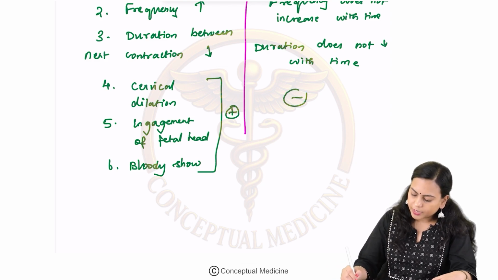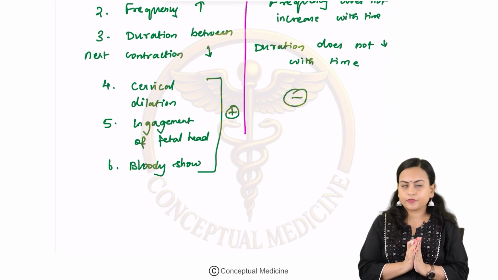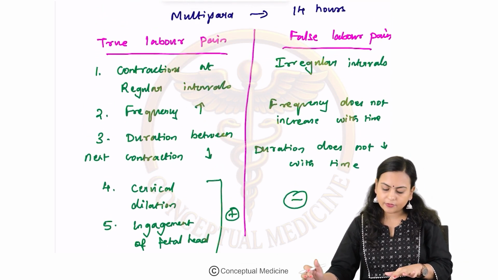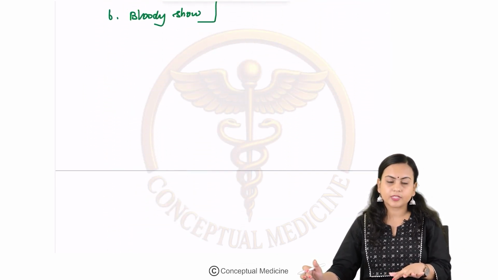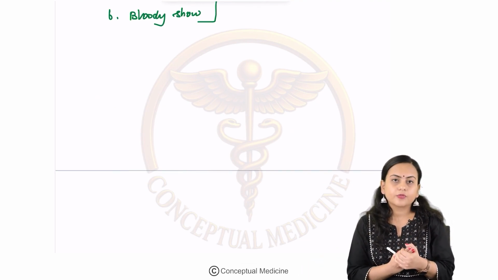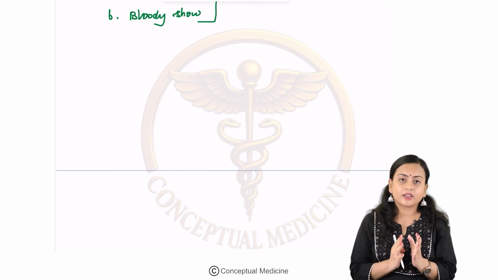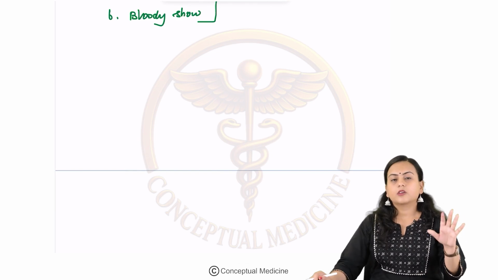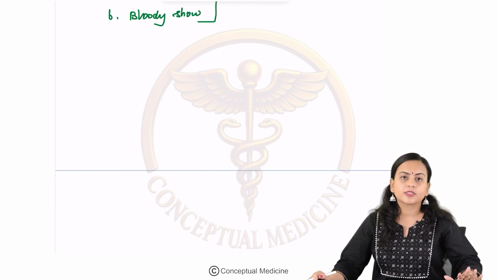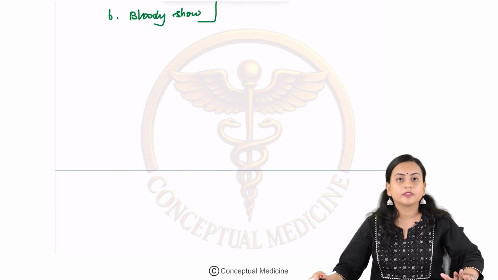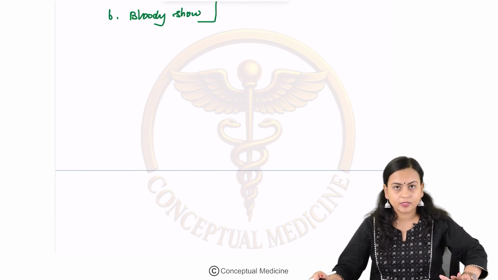Whereas in false labor pains, none of these are seen. Clear? So, this is the difference between true labor pains and false labor pains, and you will be counting the duration of latent phase only when the true labor pain commences.